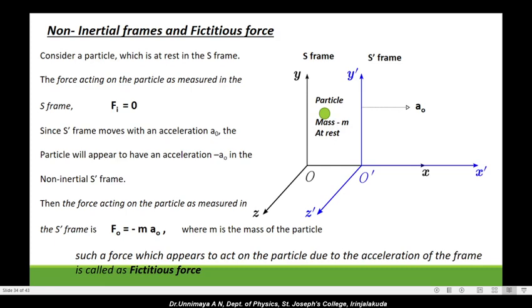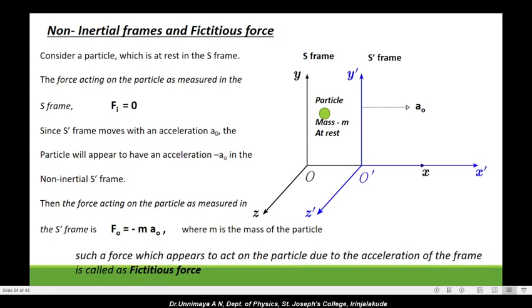When we travel in a bus or car, we feel that the trees are moving backwards. Actually, are the trees moving backwards? No. The trees are stationary objects, at rest. But we feel that they move backward. Similarly, when the S prime frame moves with acceleration a0, we feel that the particle moves with an acceleration minus a0, as if moving in the backward direction. So since the S prime frame moves with an acceleration a0, the particle will appear to have an acceleration minus a0 in the non-inertial S prime frame.